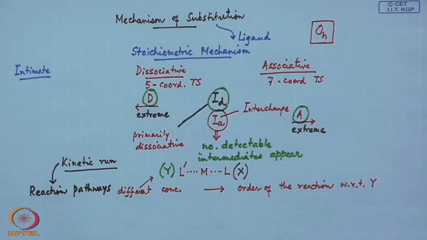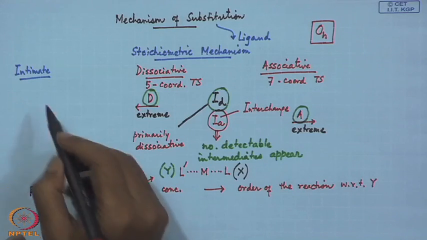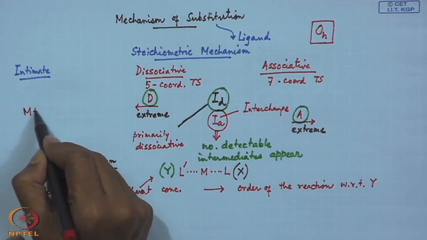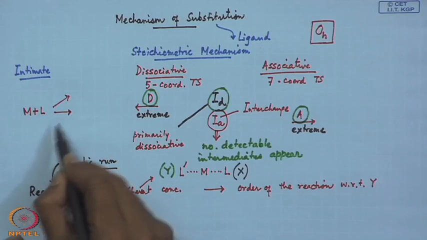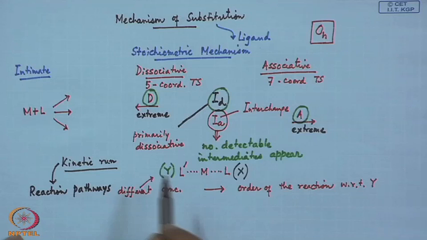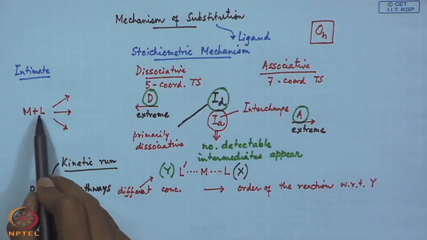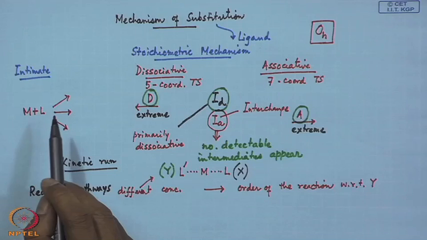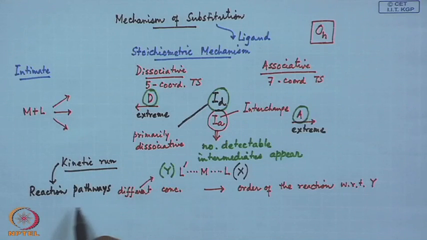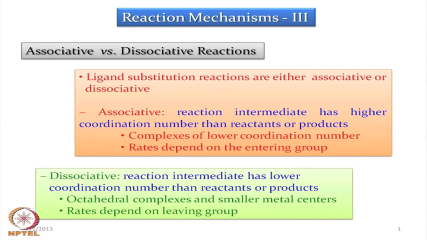When you do a particular reaction, say M plus L, and if we can have different pathways for the reaction to take place where L is reacting with M, then we can find out the corresponding possible reaction pathways and their kinetic consequences, and we try to find out the corresponding kinetic rate law.